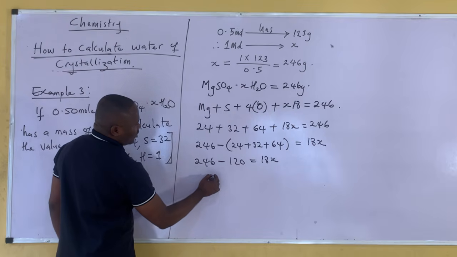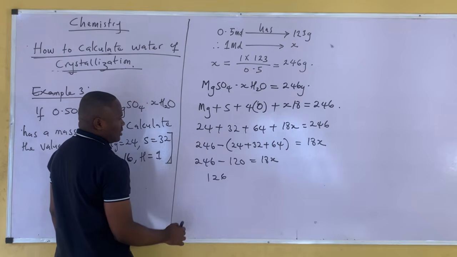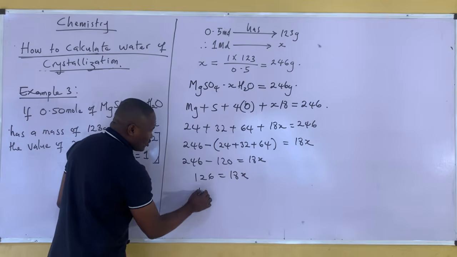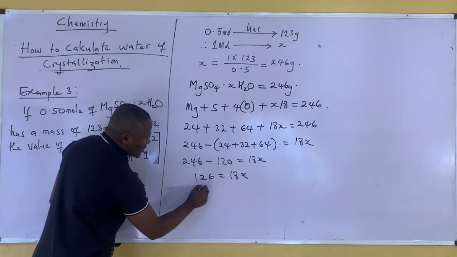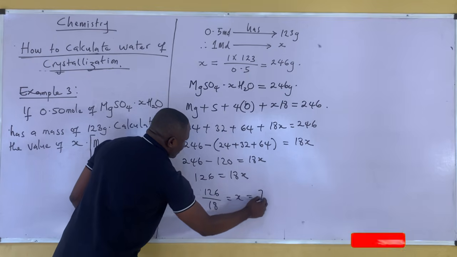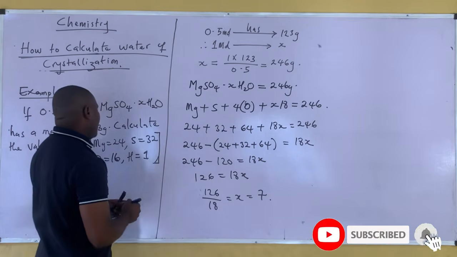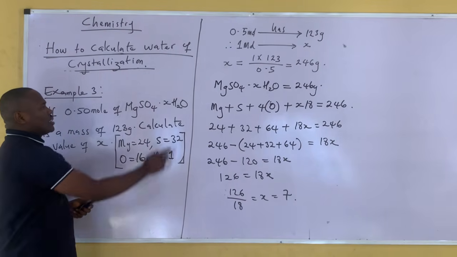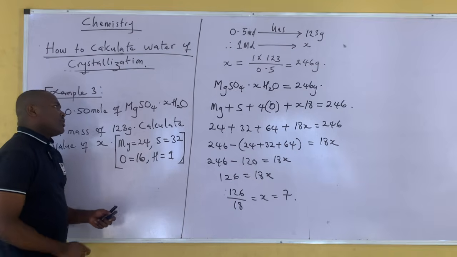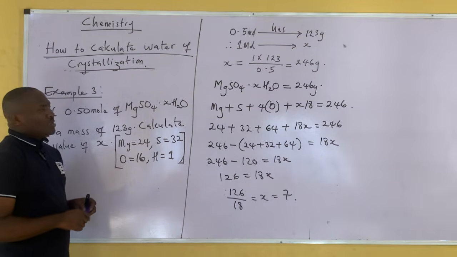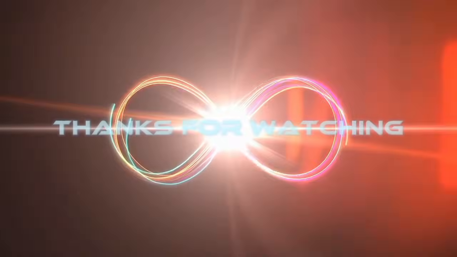So this is now 126. 126 equals 18x. So we have 126 divided by 18. So 126 over 18 equals x. x equals 7. So it means that the water of crystallization of this salt is 7. Magnesium tetraoxosulphate(VI) heptahydrate. I think that's Epsom salt. Thank you.